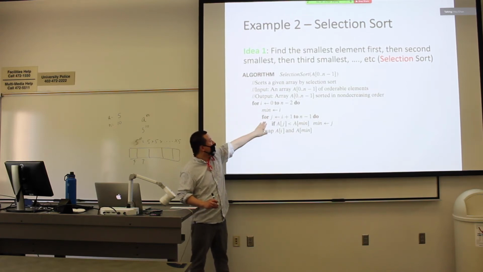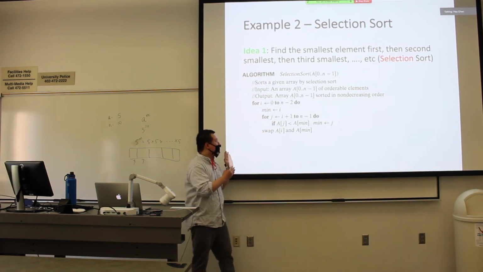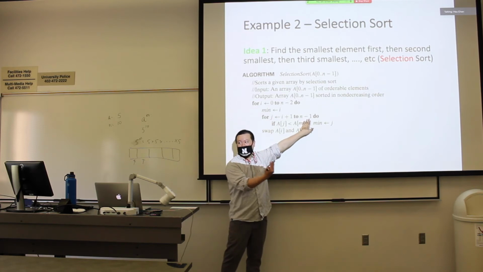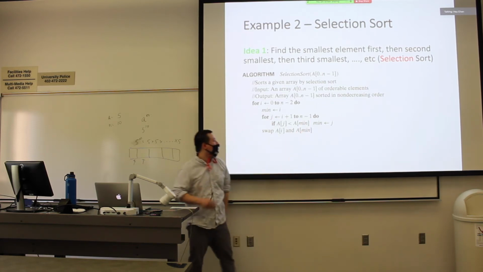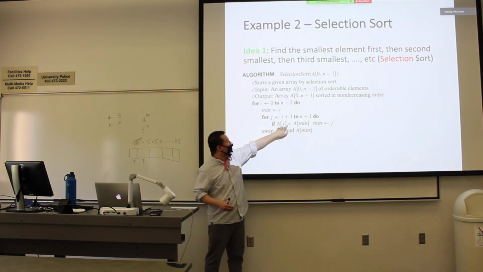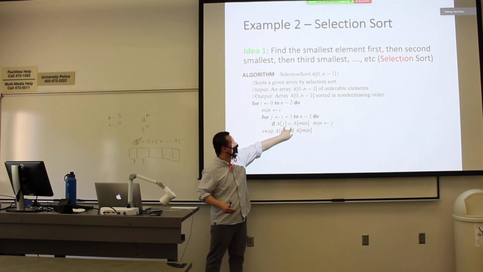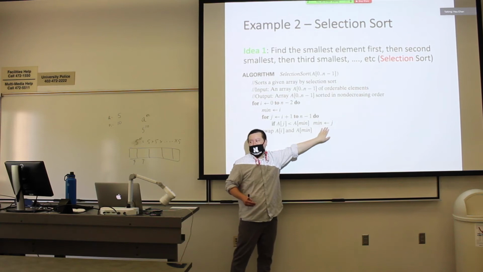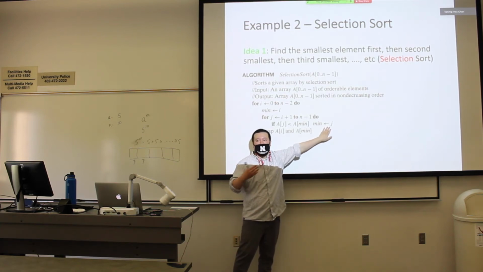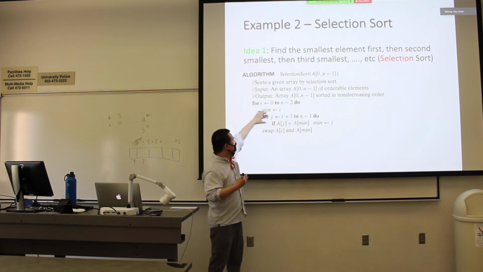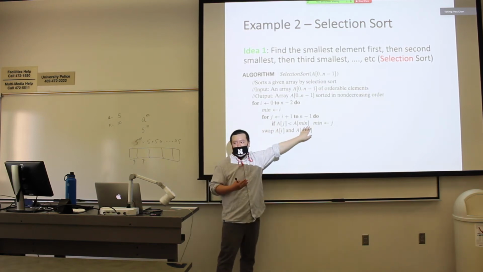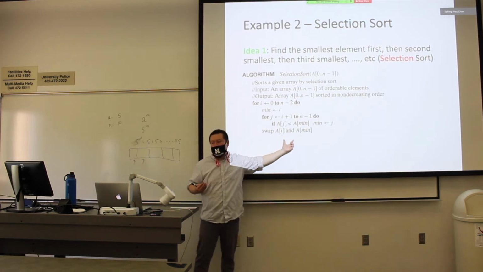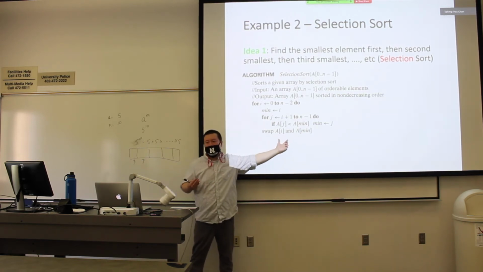Then we look at every element j from i plus 1 all the way to the end of the array. If the element is smaller than the current minimum, I set the minimum to be j, the smallest one we've seen so far. At the end, we're going to swap it with the initial element at i.